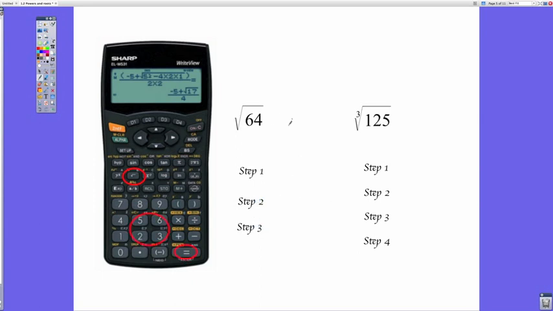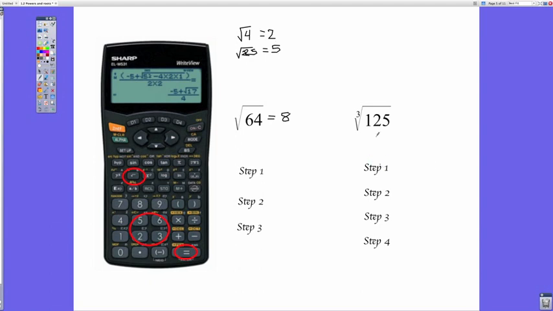Press your equal sign, and you should have on your calculator the answer given as 8. Try it with some other numbers, for example, square root of 4. You can try square root of 25. Square root of 4, you should get 2. Square root of 25, you should get 5.